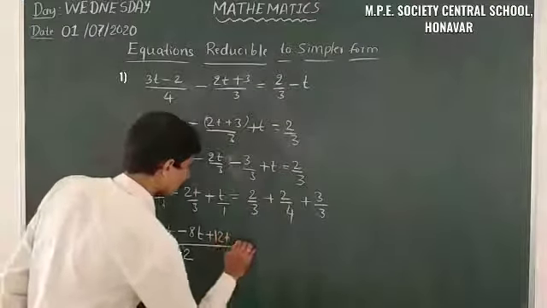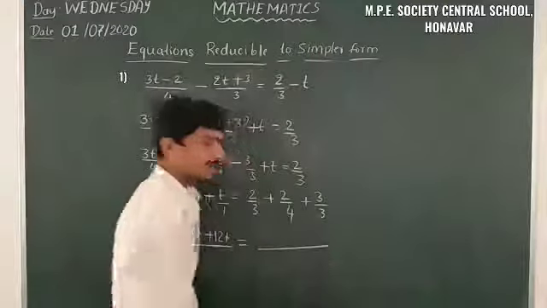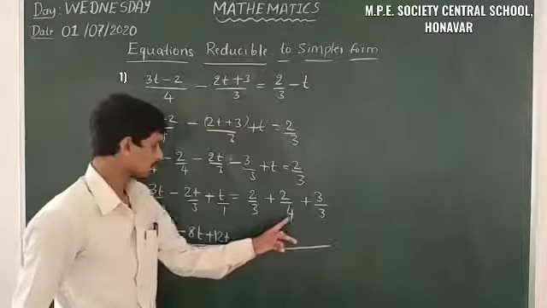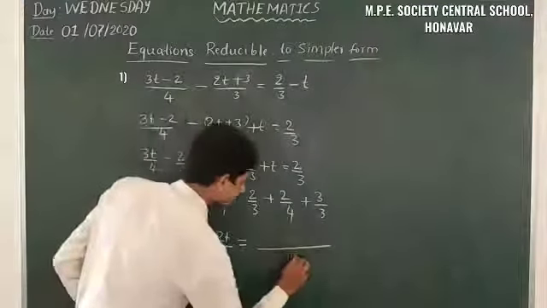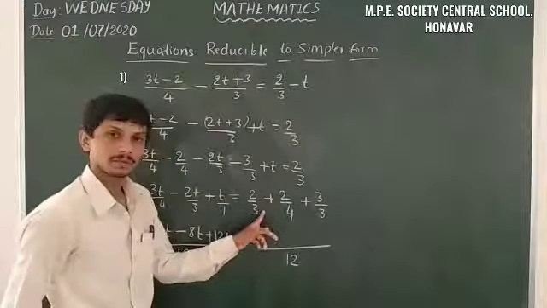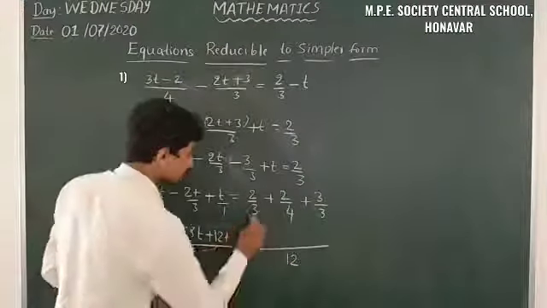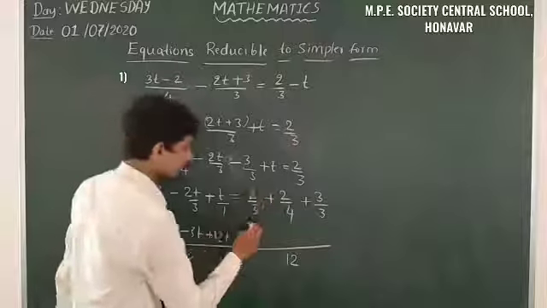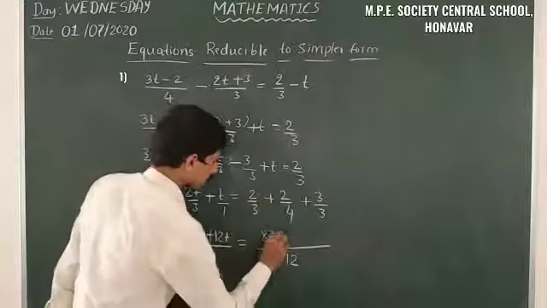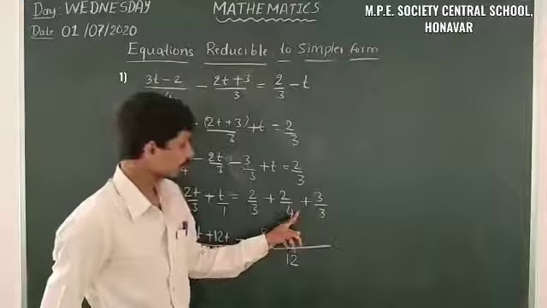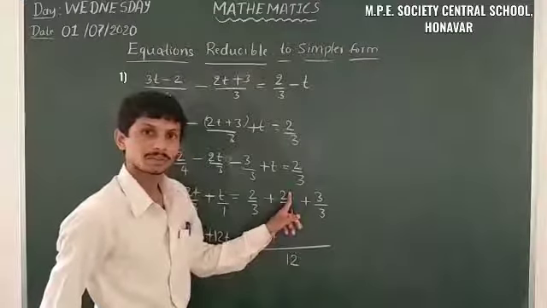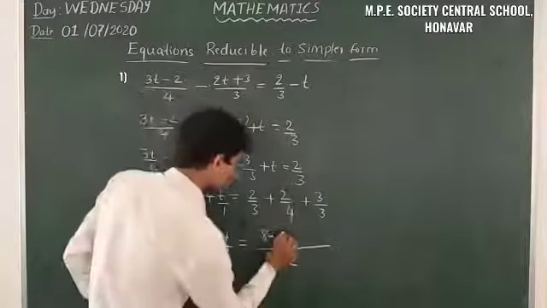The value t is equal to, here we have to take the LCM. What is the LCM here? 12 is the LCM. So here we have to multiply with 4, here also multiply with 4, that means 8. Here we multiply with 3, also here with 3, that means 6.